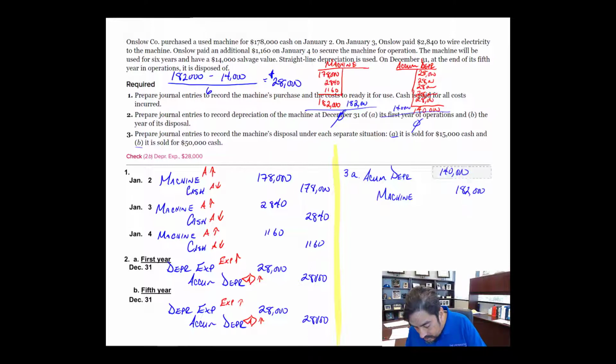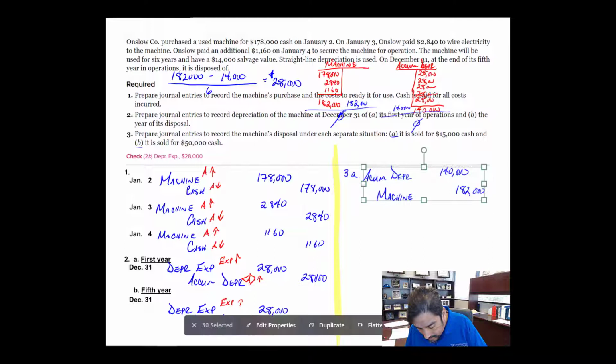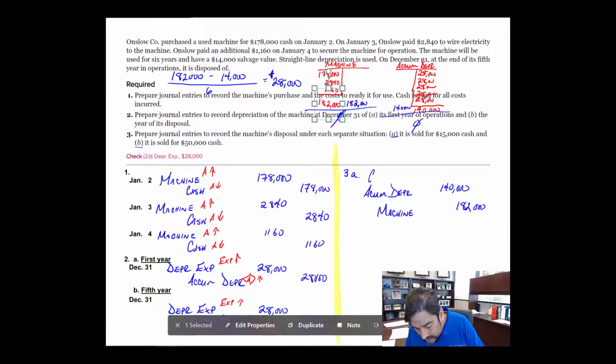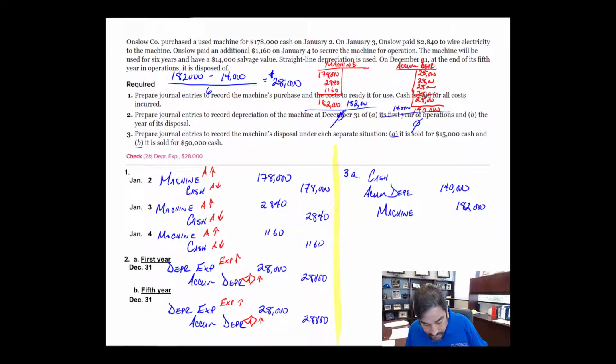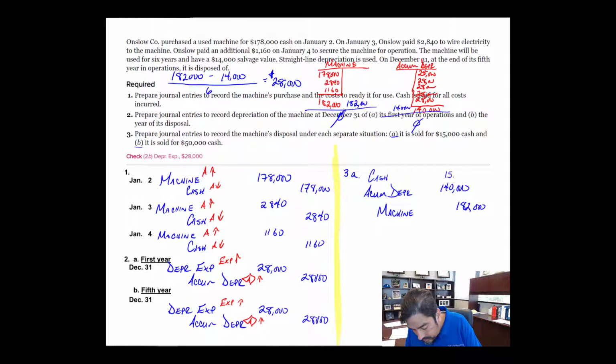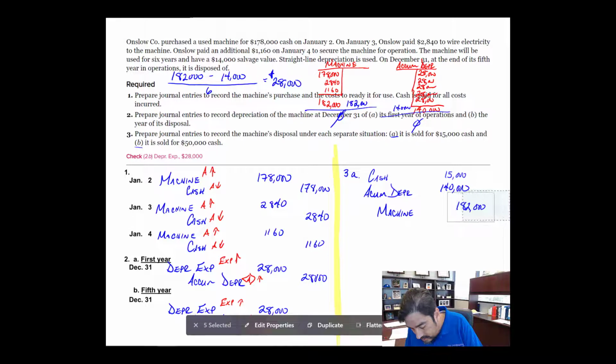So I'm going to move my journal entry just a little bit here and make room there for cash. So we're going to debit cash for the $15,000 we received. Let me move this also a little bit so we can tell.